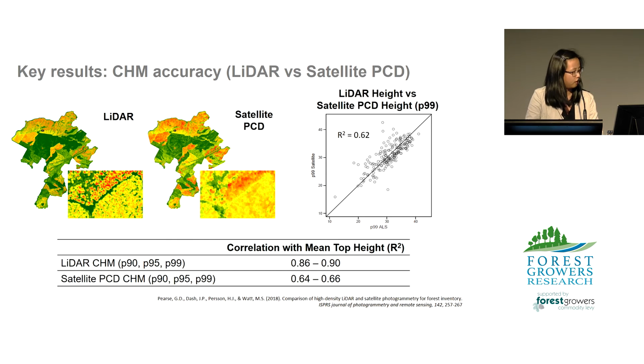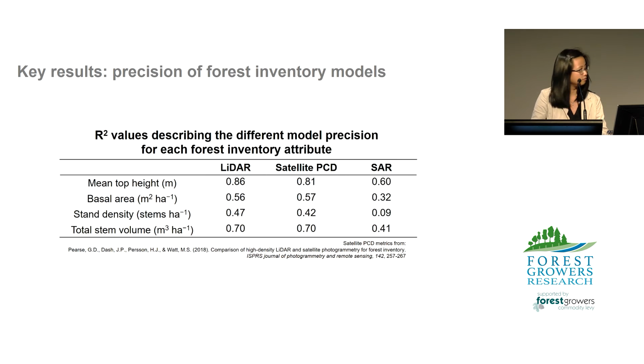So both of the LIDAR CHM and satellite point cloud CHM at percentiles from 90 to 99 have relatively good correlations with mean top height, as seen in the R² table.